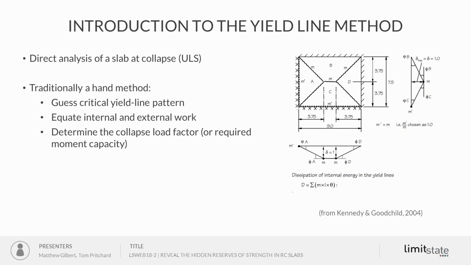Typically, for a hand analysis, we would look at a plan view of a slab, guess the critical yield line pattern, and use a work method, equating the internal work done by yield line rotations to the external work done by applied loads, and then calculate the collapse load factor. Or if we were doing a design problem, we would identify the required moment capacity for a given set of loading conditions.